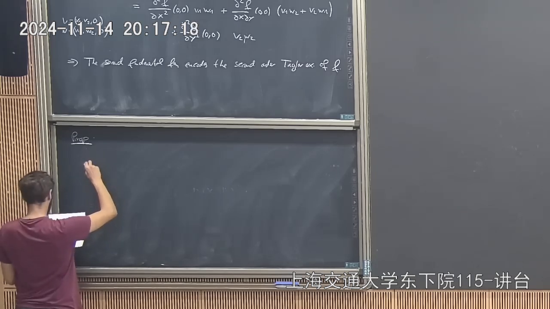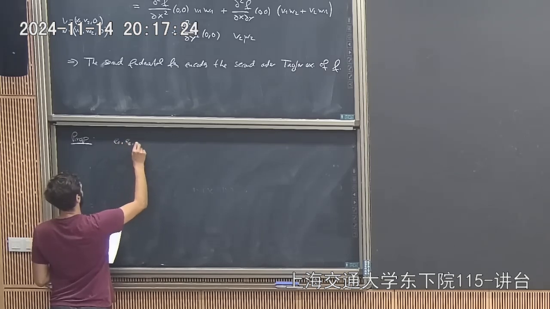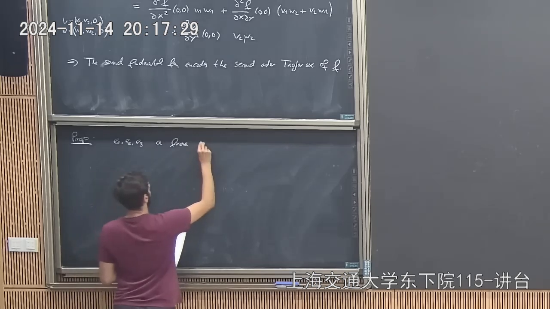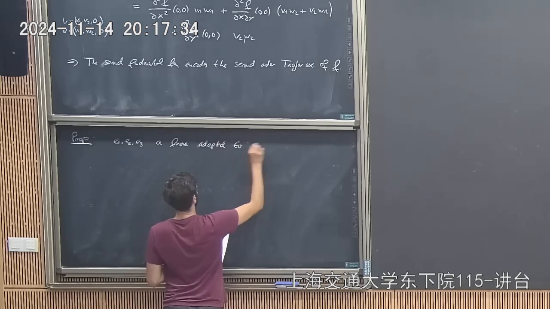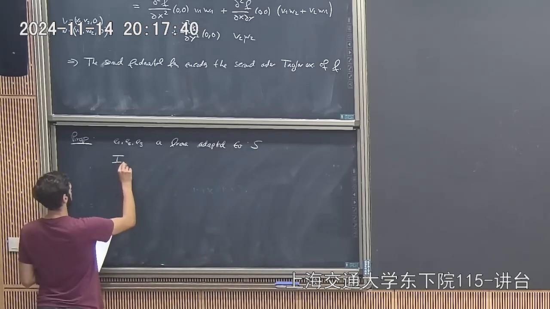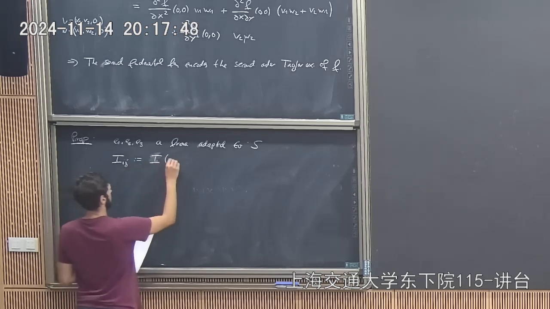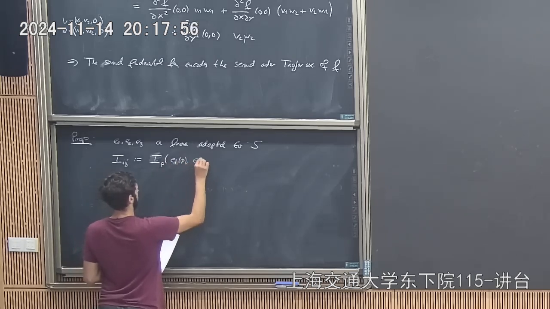So we have, first of all, if you have E1, E2, E3 the frame adapted to S, then we can form the coefficients by just plugging in the frames.